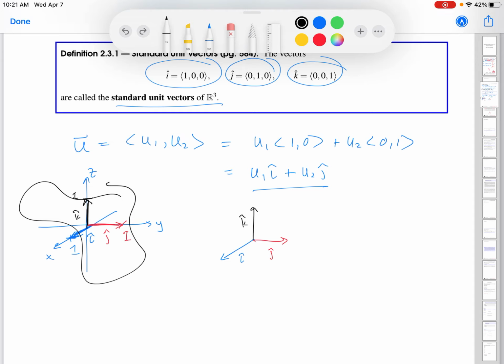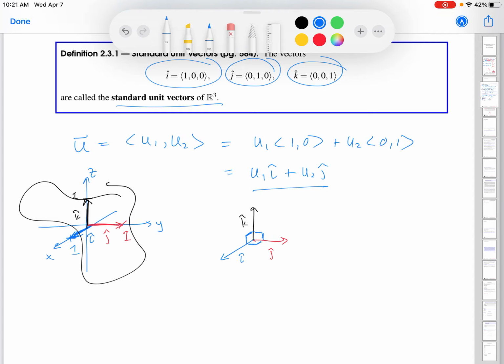Great. So another thing that we notice about these 3 vectors is that they're orthogonal. So i and k are orthogonal, j and k are orthogonal, and i and j are orthogonal. And that begs the question, how do we capture this orthogonality mathematically?